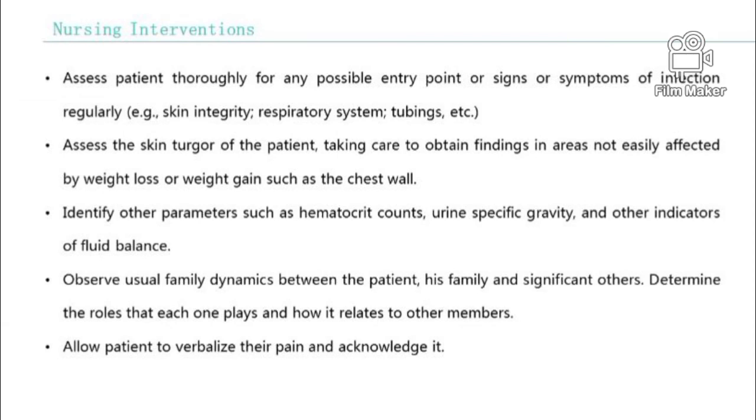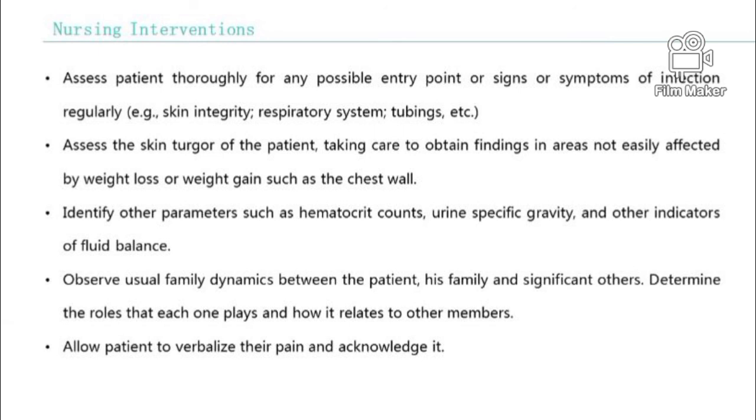Assess the patient thoroughly for any possible entry point or signs and symptoms of infection regularly, such as checking skin integrity, respiratory system, and tubing. Assess the skin turgor of the patient, taking care to obtain findings in areas not easily affected by weight loss or weight gain, such as the chest wall.